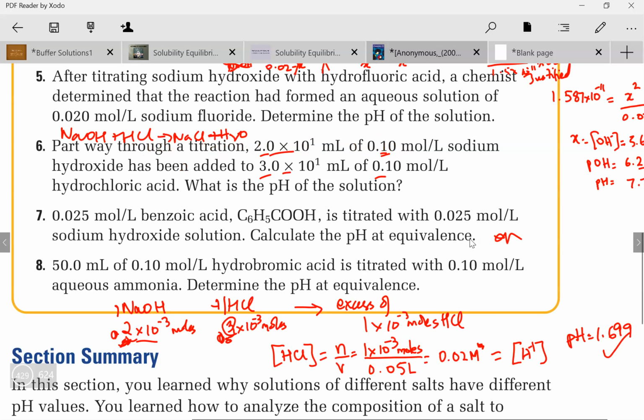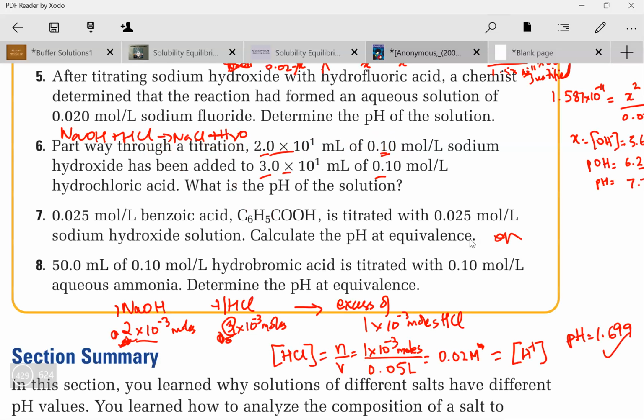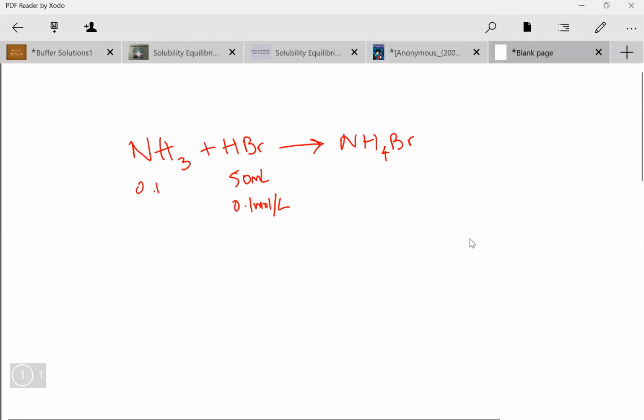Let's see, 50 milliliters of 0.1 mole per liter hydrobromic acid. 0.1 mole per liter. Alright, let's write that in the same.